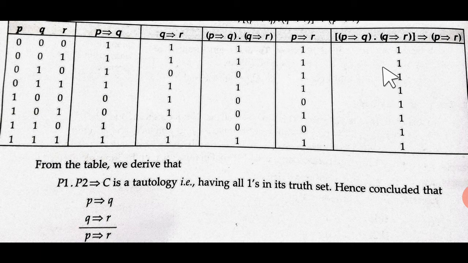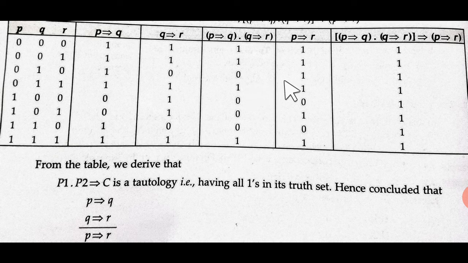Now we write the truth values for the given conditional. Here we have the column for P conditional Q dot Q conditional R, and this is the antecedent. The consequent is P conditional R. Where the antecedent is 1 and the consequent is 0, the output is 0. Where the antecedent is 1 and the consequent is 1, the output is 1. Where the antecedent is false, no need to check.